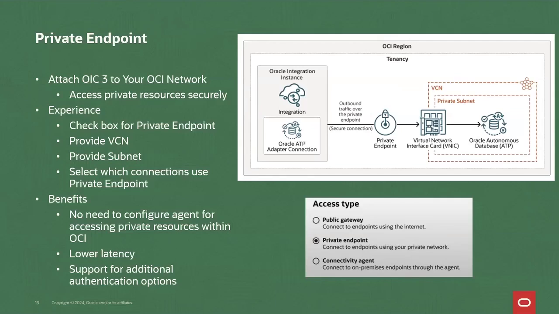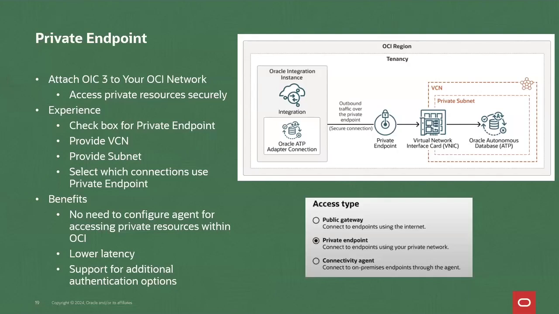In Gen 2, if you want to access resources behind the firewall, then you need to install the agent. Whereas now, as part of Oracle Integration 3, you do not need to install the agent. You can just make use of the private endpoint and connect to your resources which are sitting behind the firewalls.